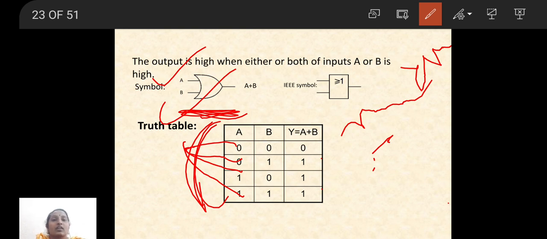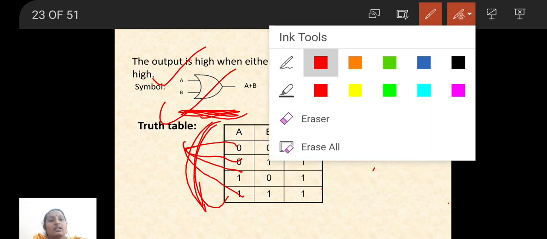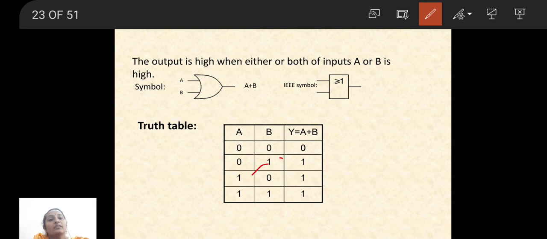What is the function of the OR gate? For OR gate with inputs A, B, Y is equal to A plus B. What is the logic involved here? If any of the input is high, the output is also 1.